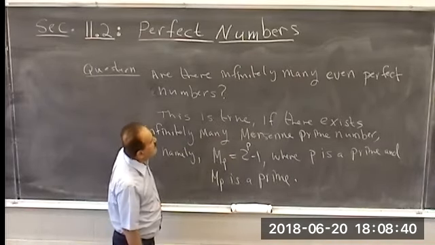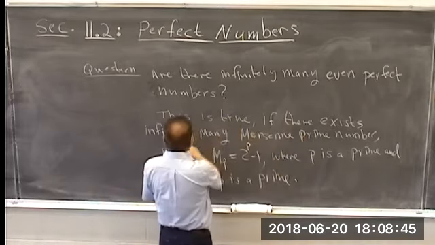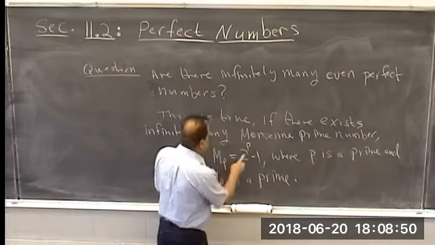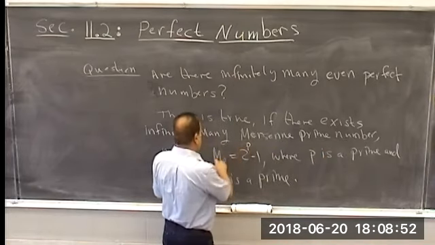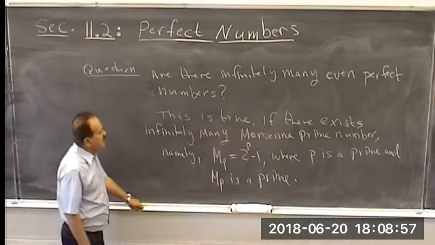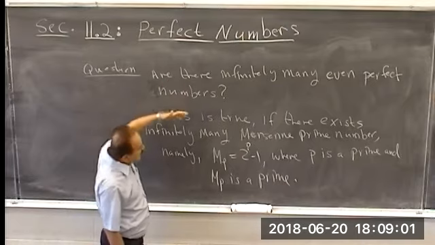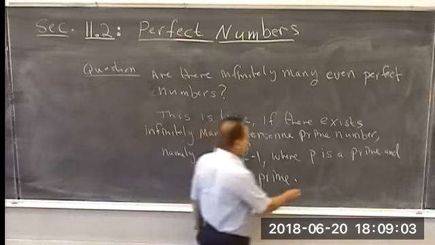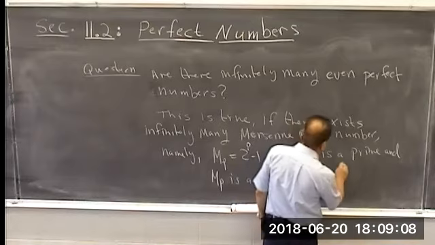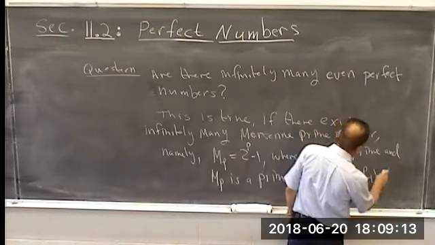So if there exist infinitely many Mersenne numbers, so that for a prime P, M sub P is itself a prime, then there would be infinitely many even perfect numbers, because then we have M sub P, which we can write as 2 to the P minus 1 times 2 to the P minus 1, becomes perfect.